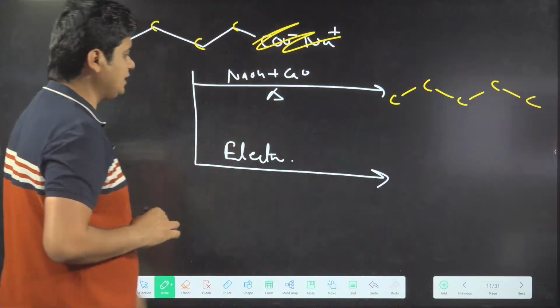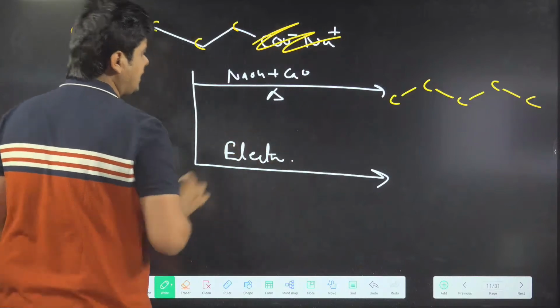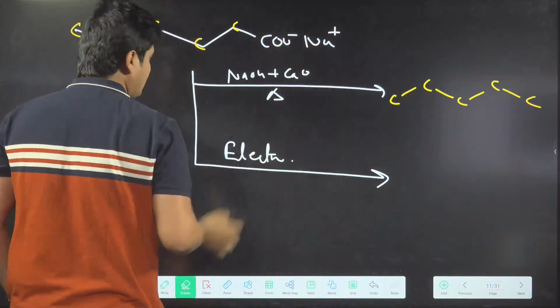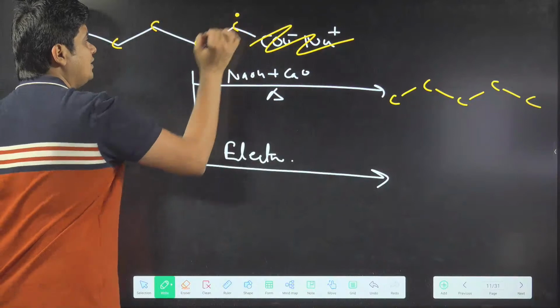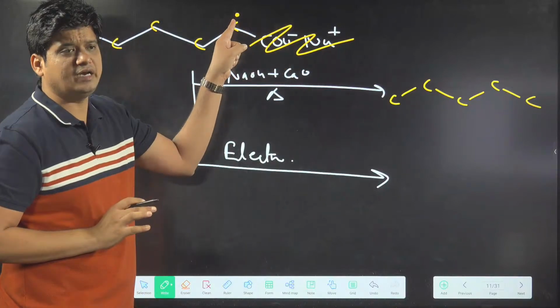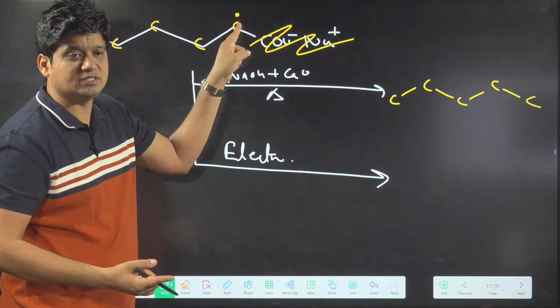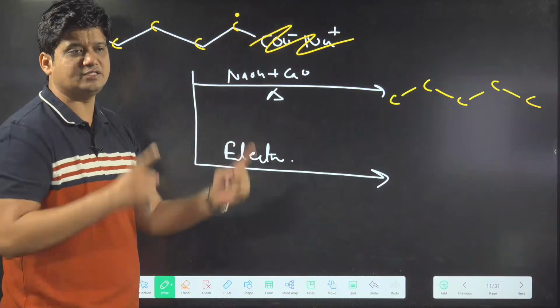Now electrolysis is given. What trick is there? If they are writing electrolysis, remove this group but make a radical. Now one radical is formed, so we have to take one more molecule of this. Combine two radicals, as radicals have a tendency to couple.